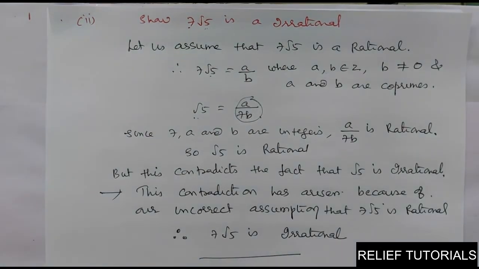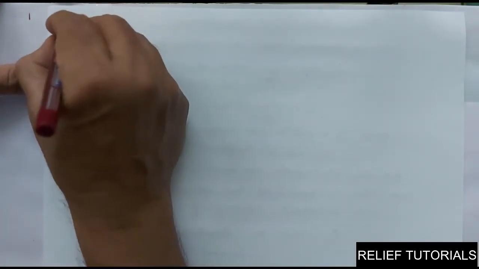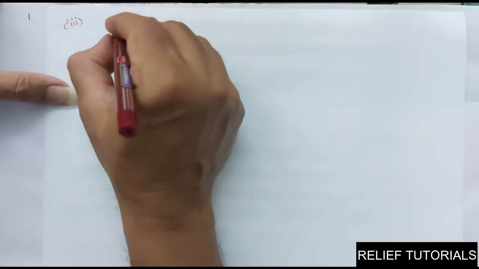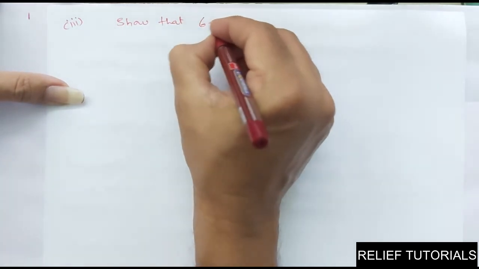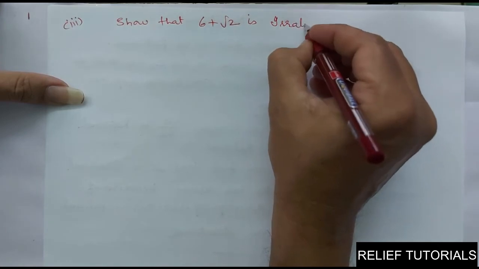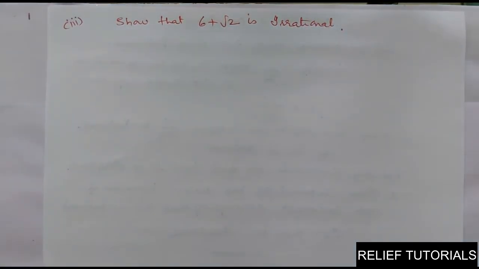Have you got it, friends? And the last problem we are going to do is question number 3. What is that? We have to show that 6 plus root 2 is irrational. Clear?